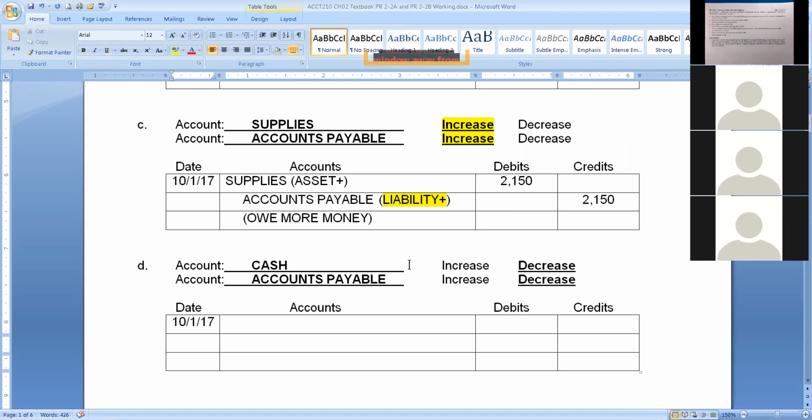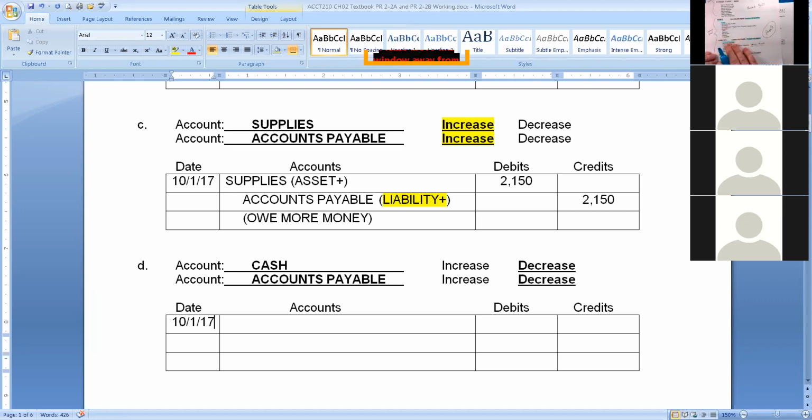Okay, so cash is going to decrease. Cash is an asset and it's going to decrease with a credit. Accounts payable, the liability, it's going to decrease with a debit. So in this case, the accounts payable will be the debit and the cash will be the credit.